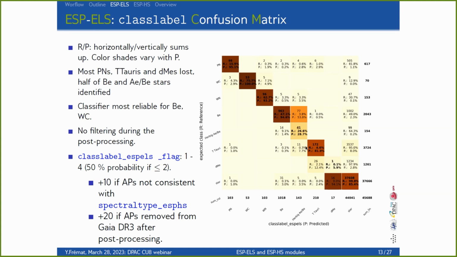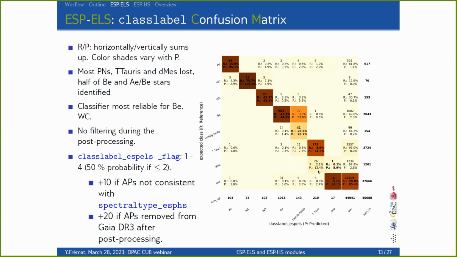So confusion is another problem. We use these GSP-Phot parameters in order to reduce the confusion. So it worked, but there is still confusion between the different ELS classes.